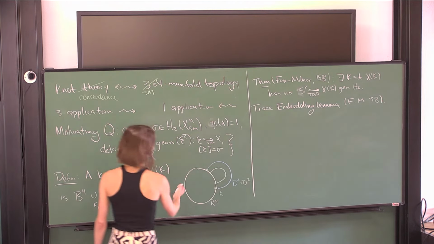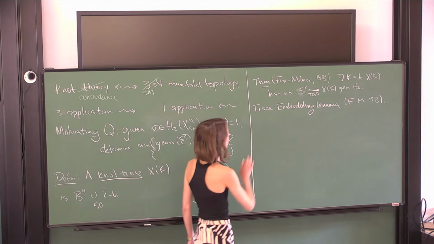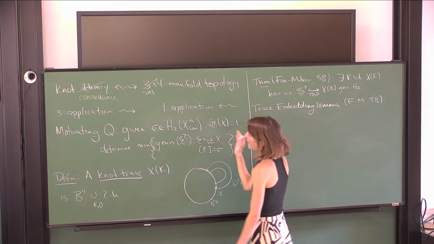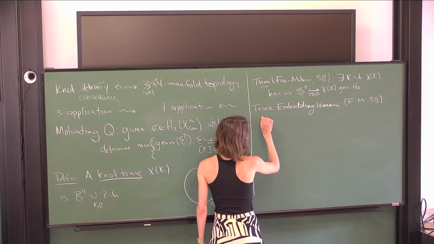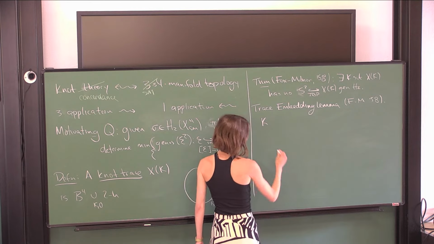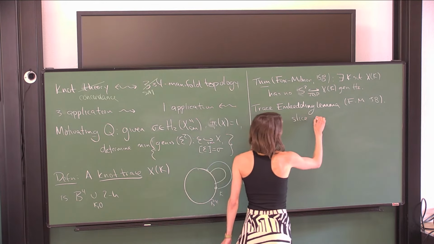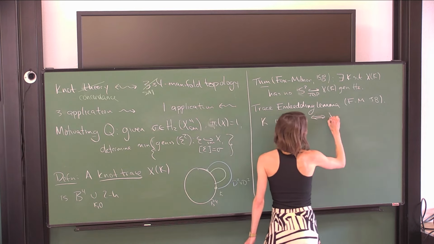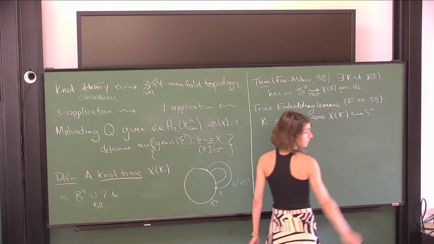Knot traces are great because they're simple, but they demonstrate this weird behavior in dimension 4, and they also demonstrate this connection in a really important way. What the lemma says is that traces exactly characterize sliceness. So a knot K is slice if and only if its trace embeds in S4.